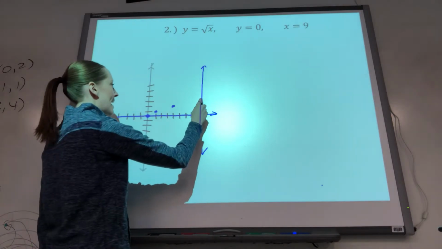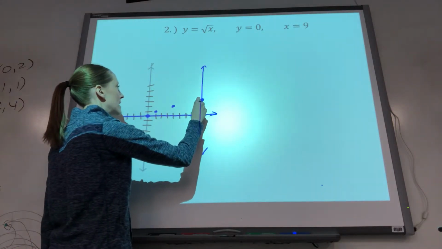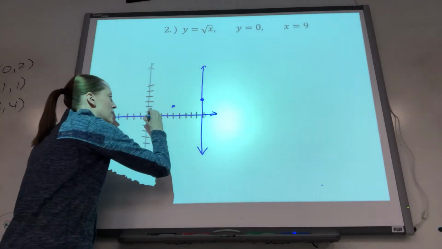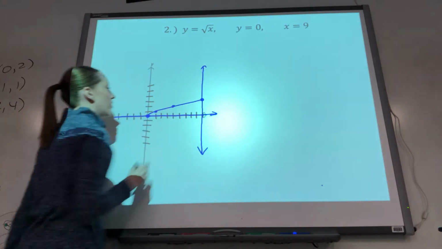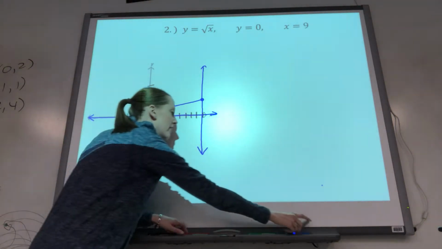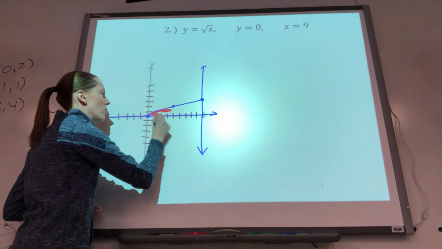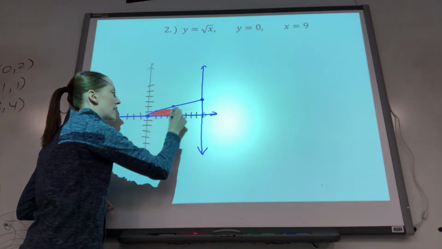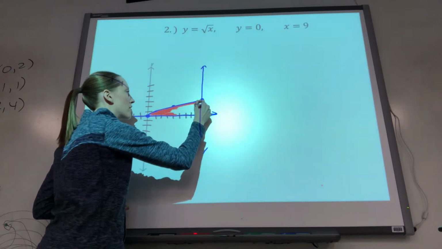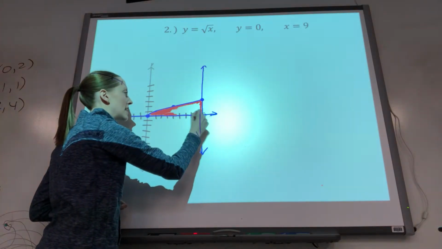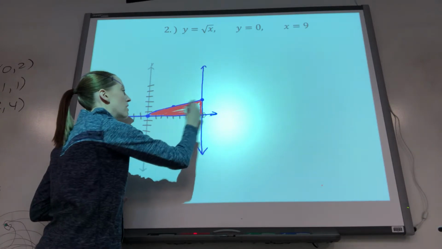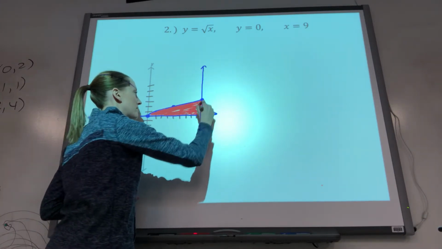If you go all the way to 9, square root of 9 is 3. So that would be the area that we've bounded on example 2. Again, that last point on the vertical line is at 9, 3. Square root of 9 is 3.